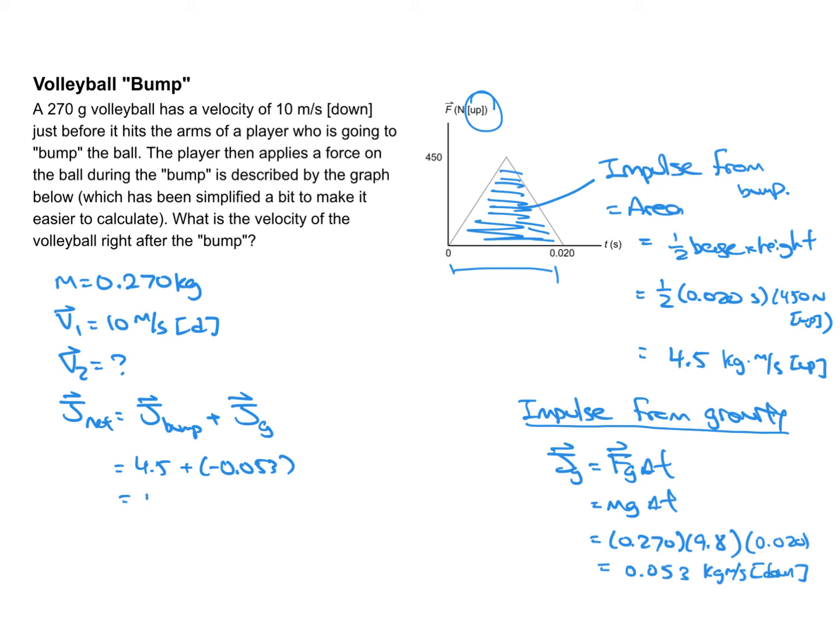That will be 4.447 to one decimal place less. Okay, so that's the net impulse.